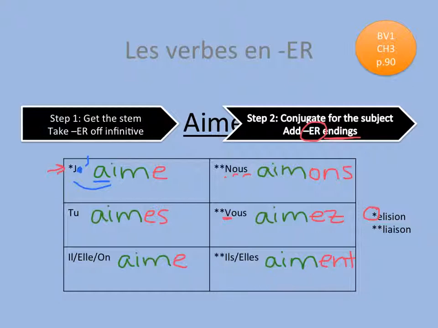Notice that I am adding a Z sound in there and that there are 2 stars, which means I need to use liaison, to carry the S sound over because this starts with a vowel and it sounds like a Z when I carry it over. So instead of nous aimons, we say nous zaimons.